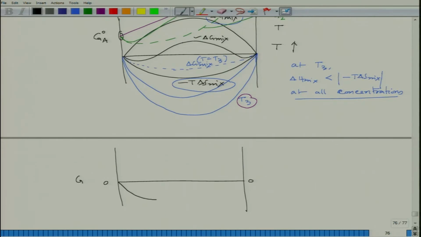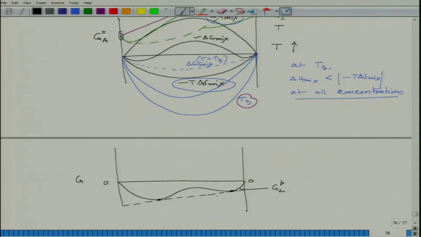So, if the situation is like this, this is G2 of some solution, some phase, then I could see that a common tangent can be drawn, and that common tangent passes through these two points.